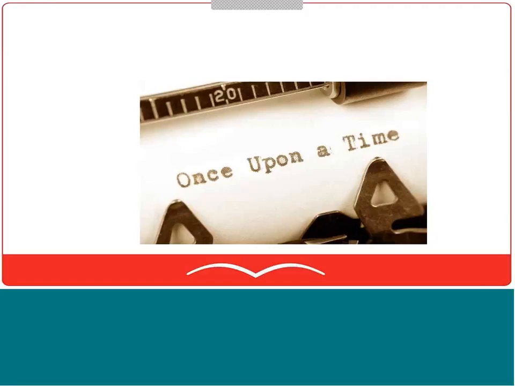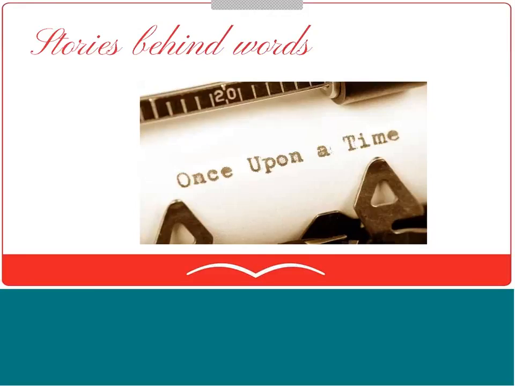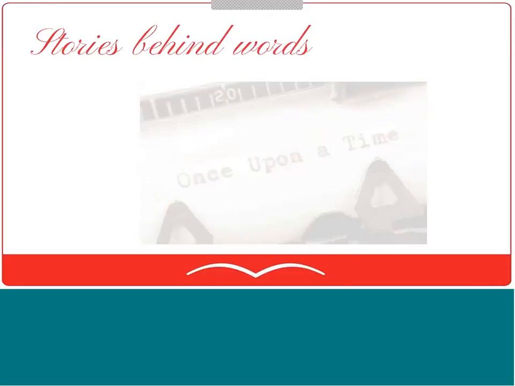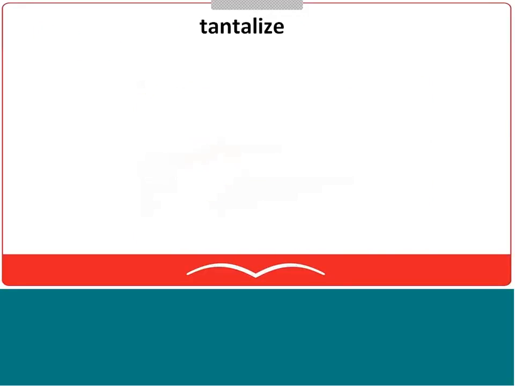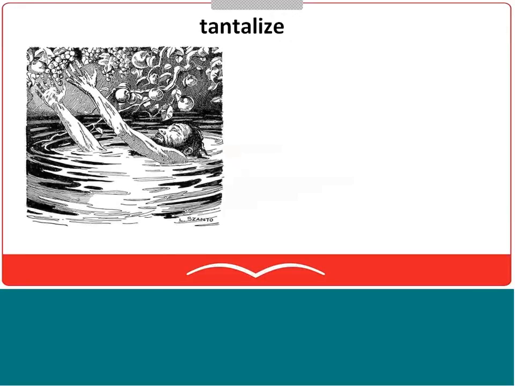Let's move on to another way to learn words. We are going to look at some interesting stories behind words. The first word I want to tell you about is tantalize. Tantalize comes from Greek mythology when Tantalus was punished by the gods.